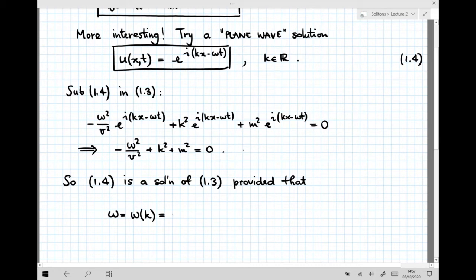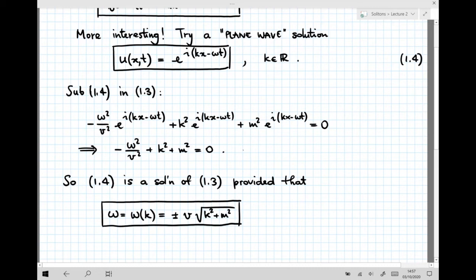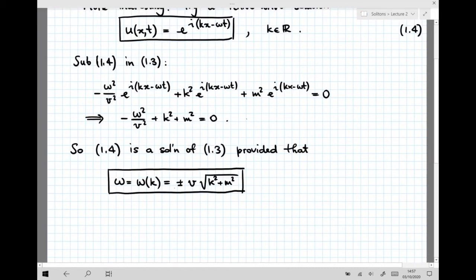So we have to take a square root, so there is a sign ambiguity, and then we have v times the square root of k squared plus m squared. So this determines omega in terms of k.